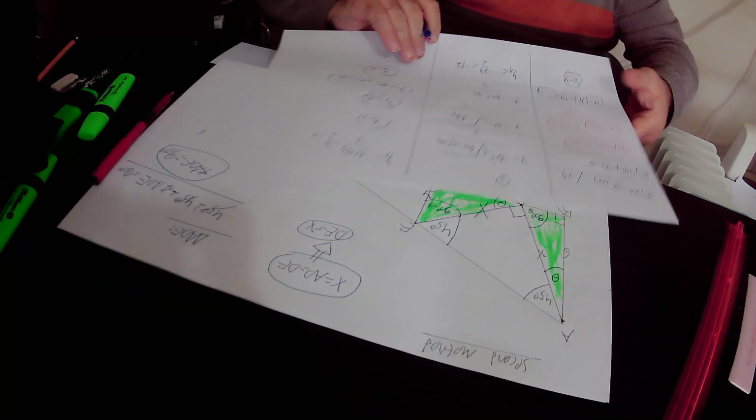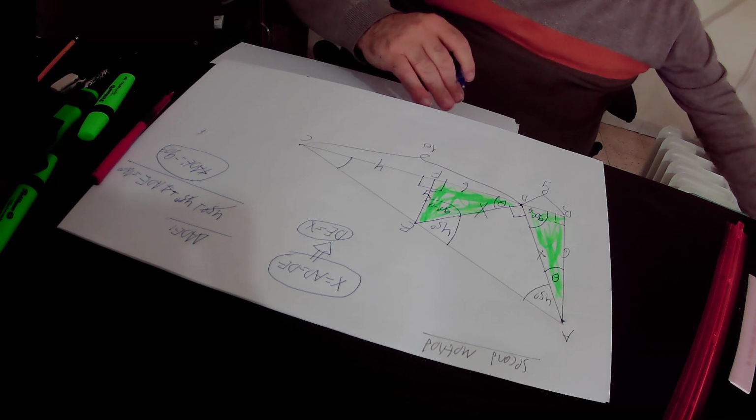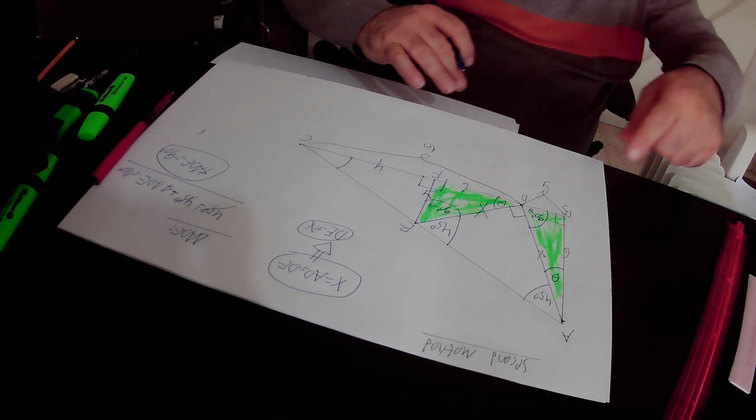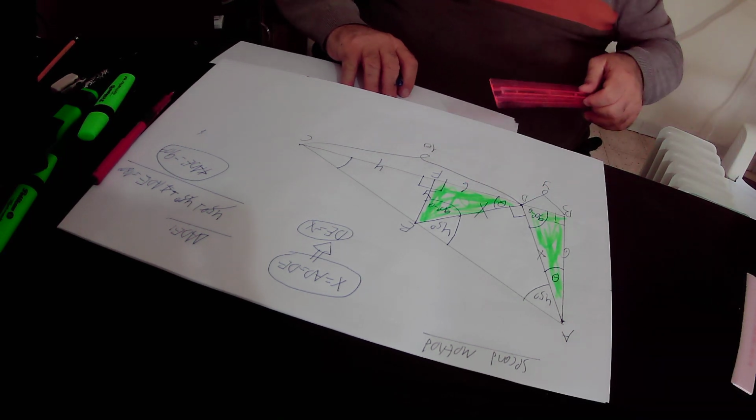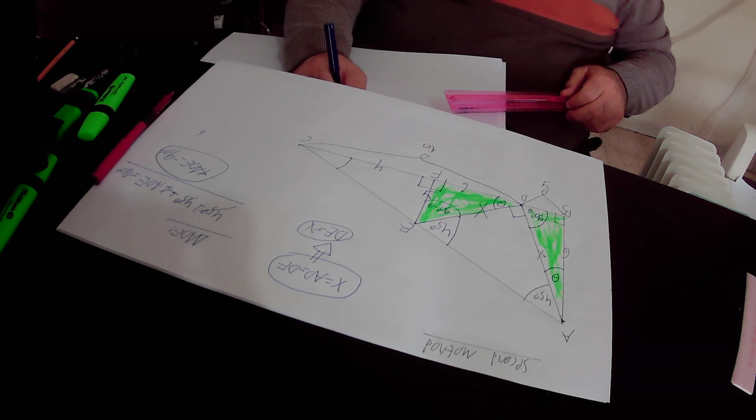So I copy the right triangle, triangle ABD, in the new page, and we will implement the Pythagoras theorem on the right triangle, triangle ABD. Okay?